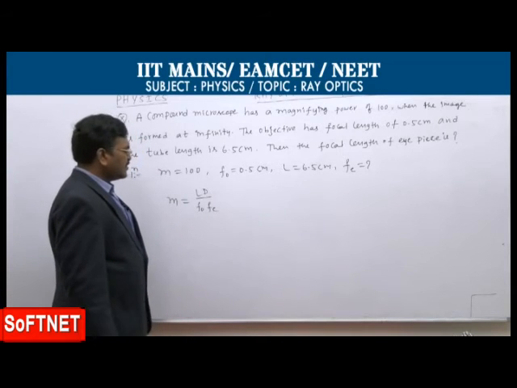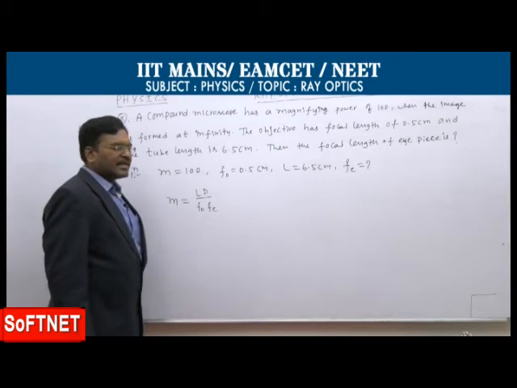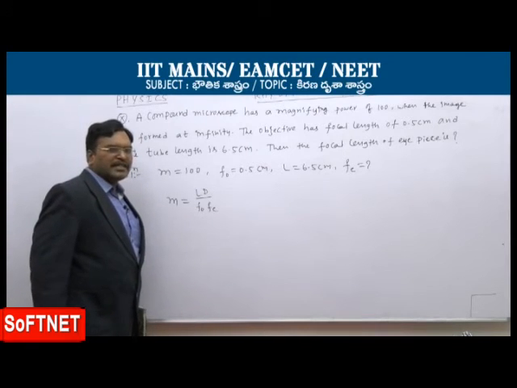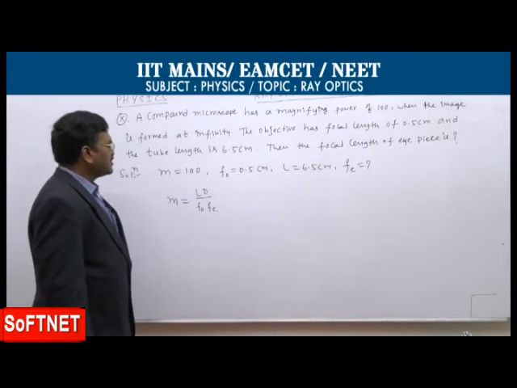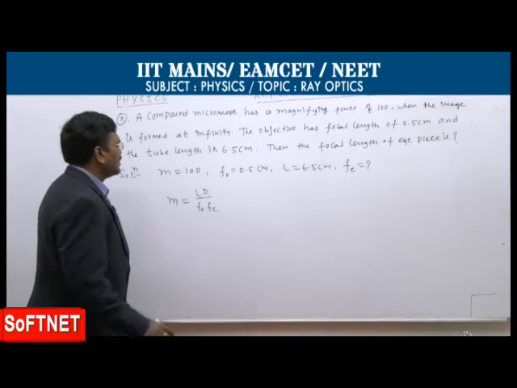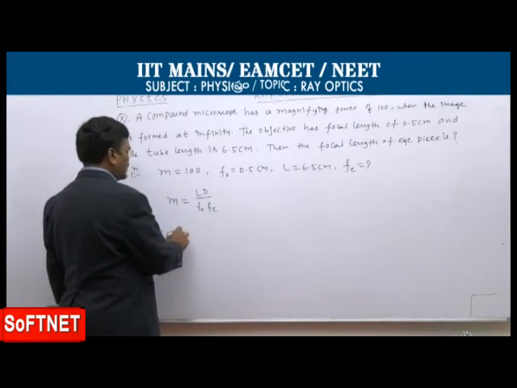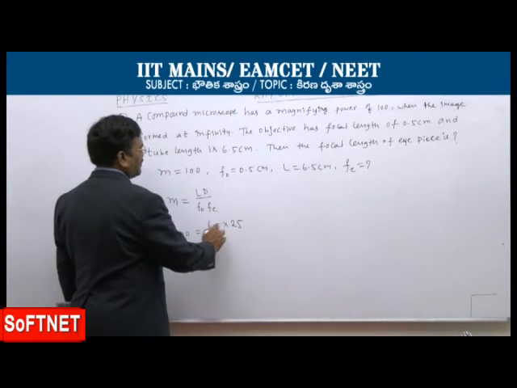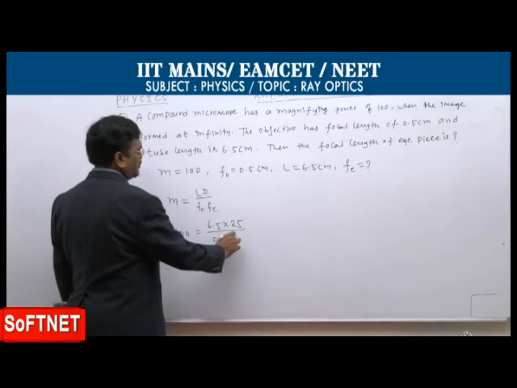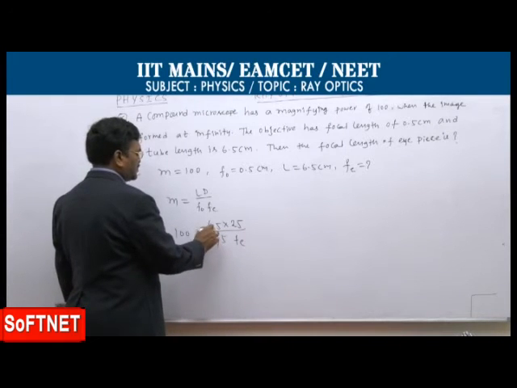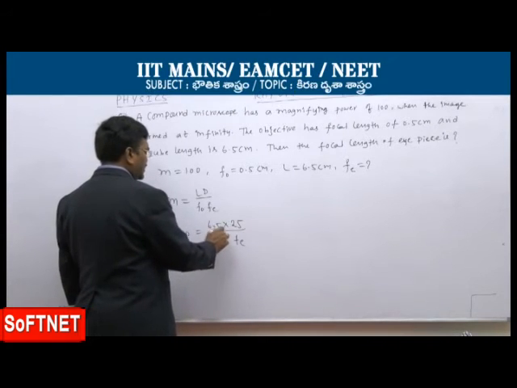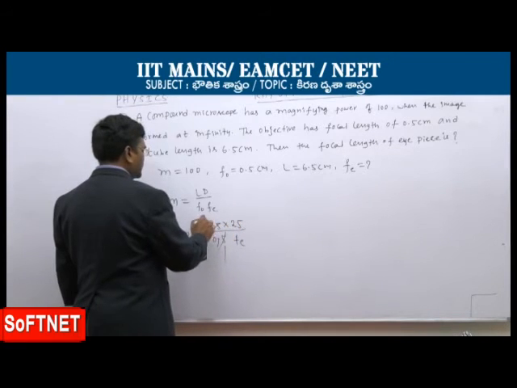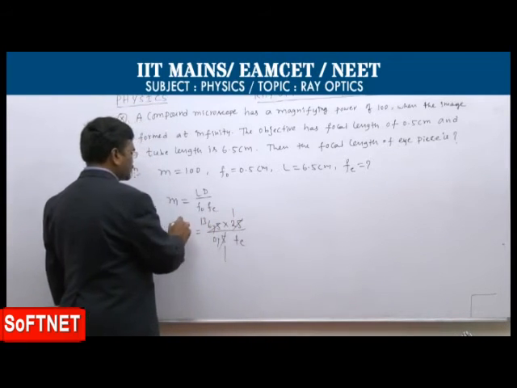Actually it is minus, so we take the magnitude. When the image forms at infinity, M is equal to LD by F naught Fe. We substitute: 100, tube length 6.5, D is 25, F naught is 0.5. We want to calculate Fe. Now the 0.5 cancels, 5 ones are 5, 5 fives, 5 13s, 25 ones, 25 fours.